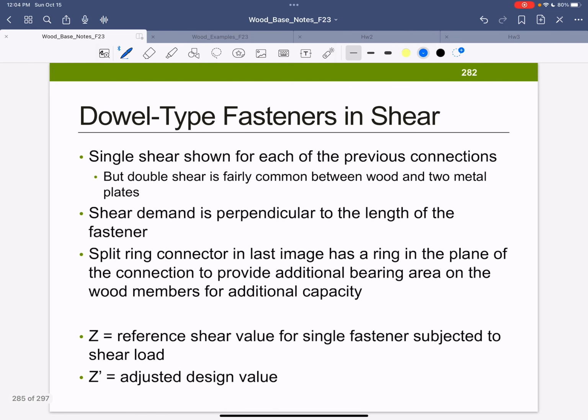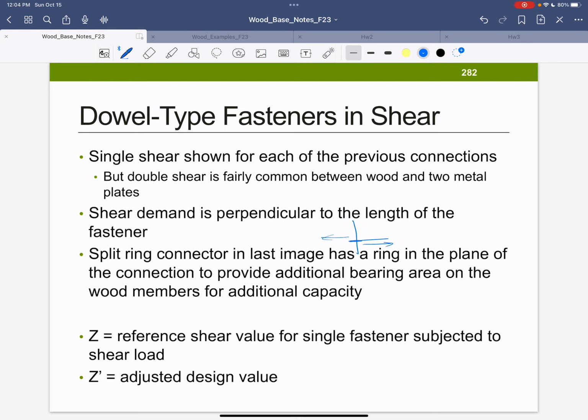All right, so we've shown single shear, but double shear is also very common, both with wood to wood and metal plate connections. Shear demand is perpendicular to the length of the fastener, right? It's the fastener, and you've got this joint where you've got pulling in this direction, this direction.